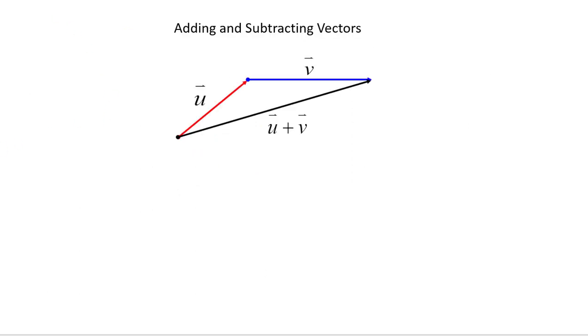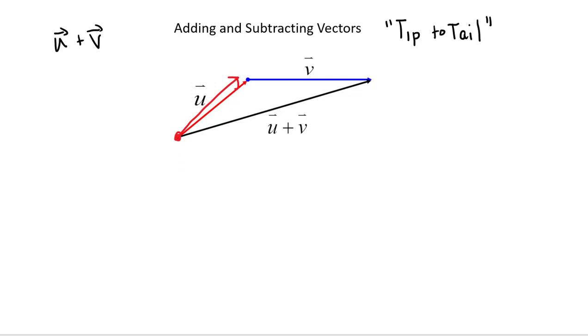Okay, adding and subtracting vectors. I'm going to use the same terminology that Mr. Jeans, our physics teacher, uses, and that is the tip to tail method. If we're trying to add vector u plus vector v, I start at the initial point of u, and I go through vector u.